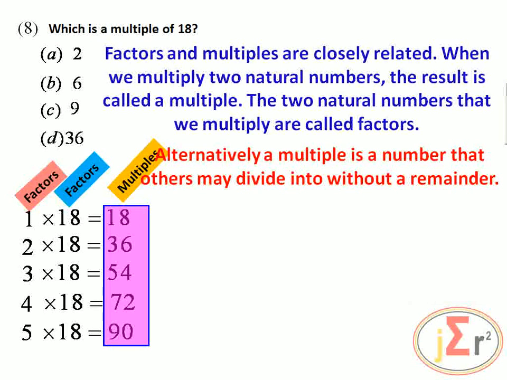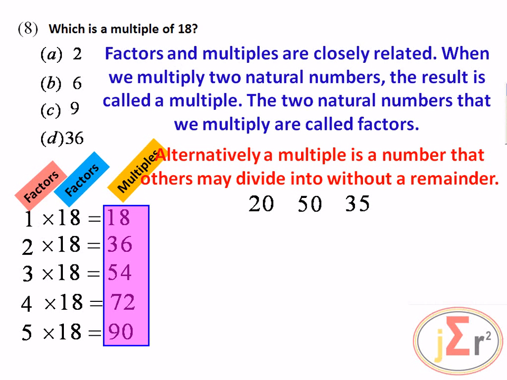Alternatively, a multiple is a number that others may divide into without a remainder. So there we have 20, 50, and 35.